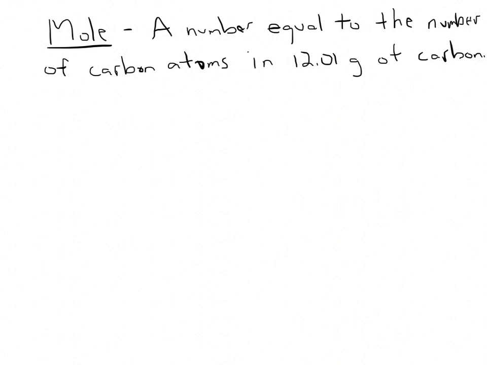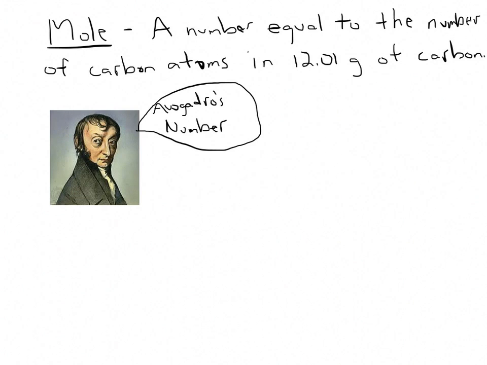So now we're going to define a mole. A mole is a number that is equal to the number of carbon atoms in 12.01 grams of carbon. It's also named after a scientist from the 1800s, Avogadro, so it's Avogadro's number.